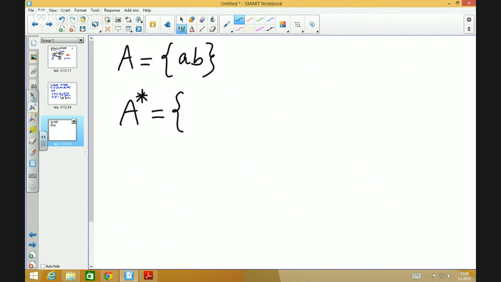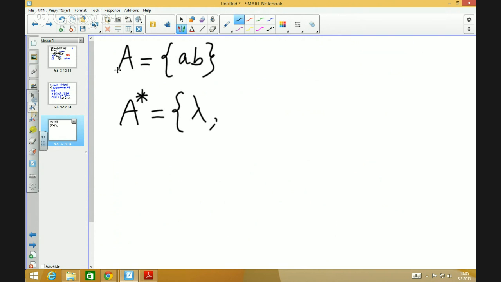That's going to be an infinite language now, not a finite one. Because any number means any number. 1, 2, 3, 4, 5, 6, 7, and I stop here. 0 as well. So what did we say before? There is a string which is always in A star: the empty string. I take 0 copies of AB and I write them, so I write nothing.